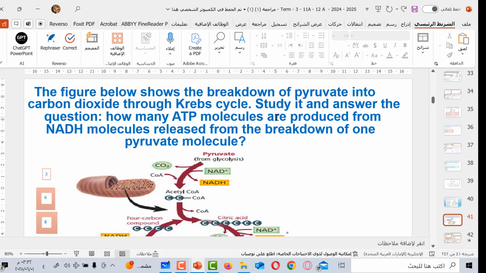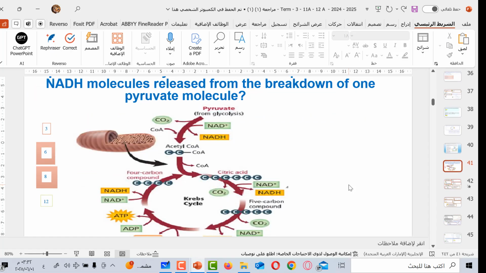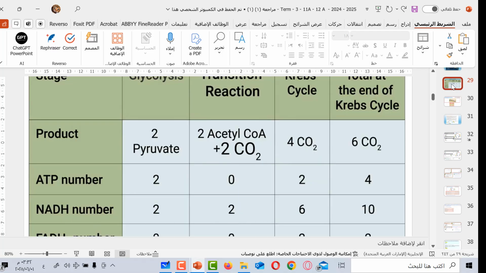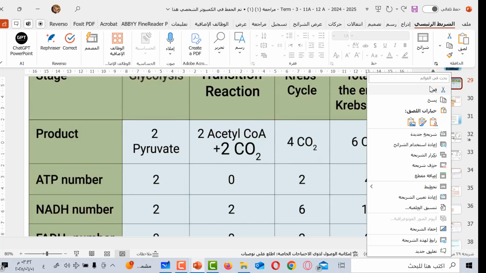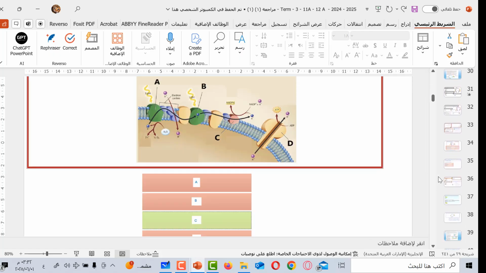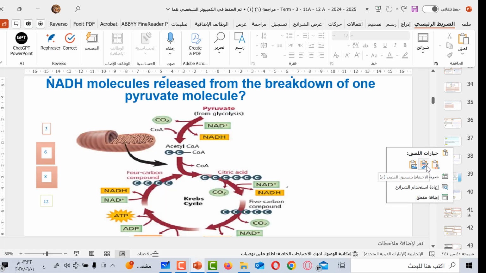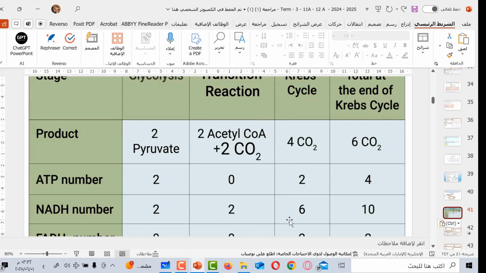How many ATP molecules are produced from NADH molecules released from the breakdown of 1 pyruvate molecule? Okay, for this question, I'll return to you, but I want this on slide 41. So I'll take this slide and put it after slide 40 here.